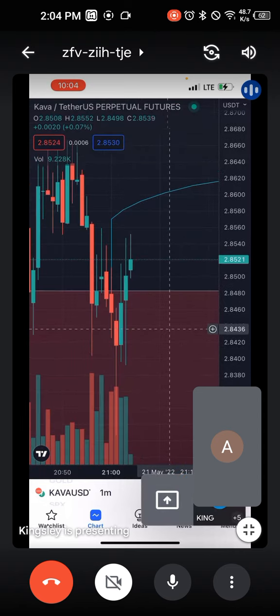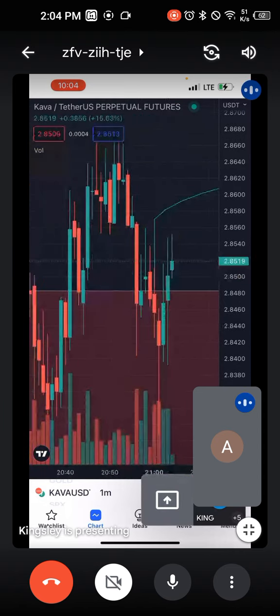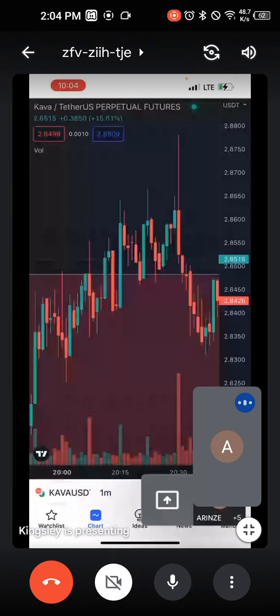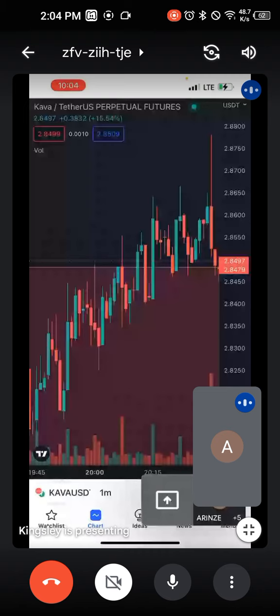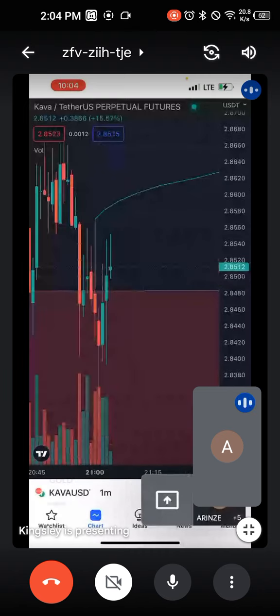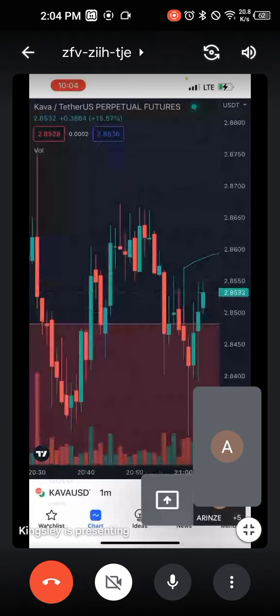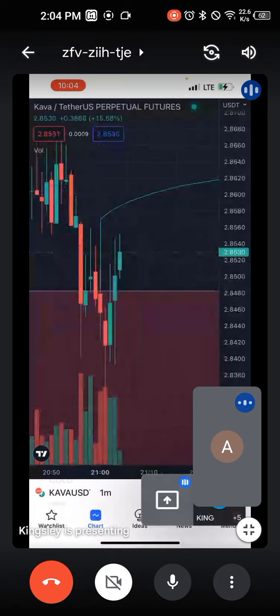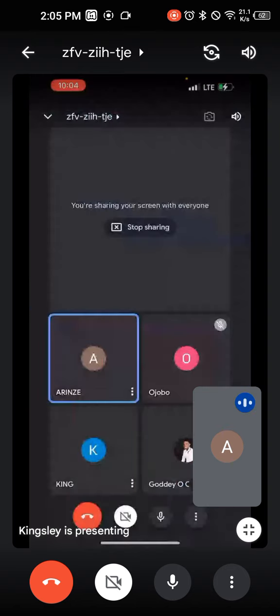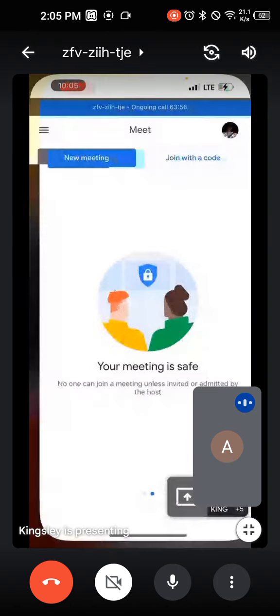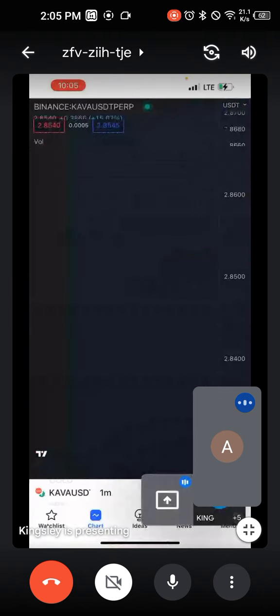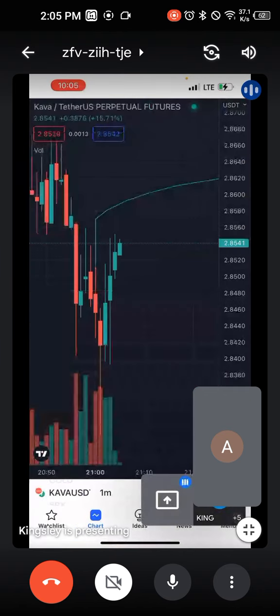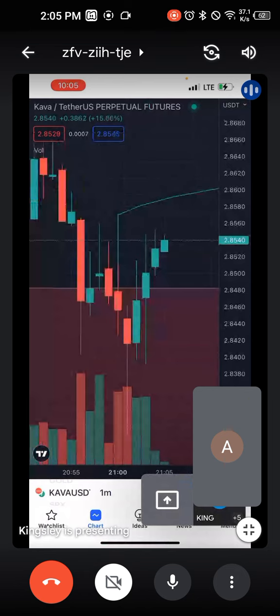This thing is actually trying to break this level itself. I didn't tell you, there's something I need to explain concerning this candle. Like now, look at it.